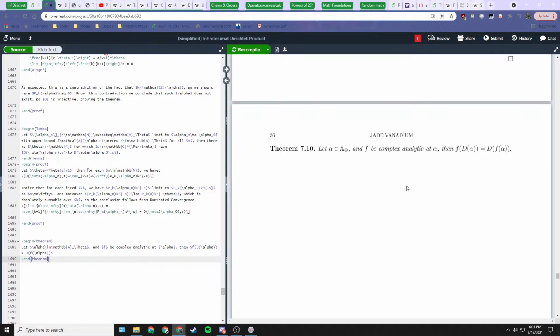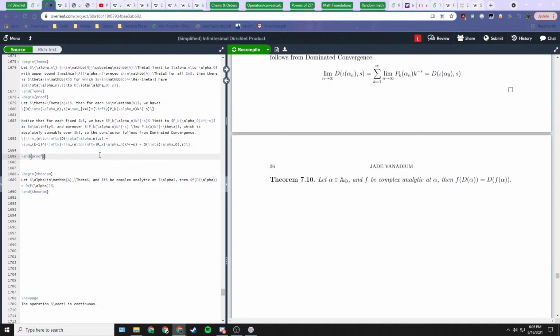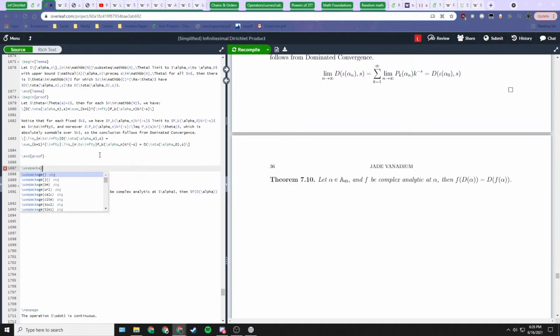So if alpha is a sequence in A theta, and f is a complex analytic function, analytic at alpha, then we have this permutation: f of d of alpha is d of f of alpha. Again, for this f of d of alpha, we haven't technically defined a composition, but we could just consider this f d alpha as, actually let's just specify it.